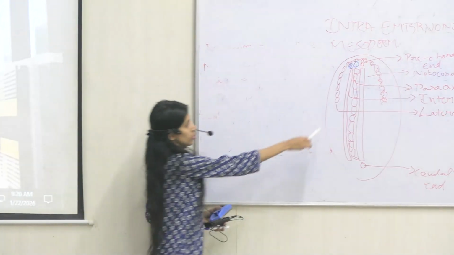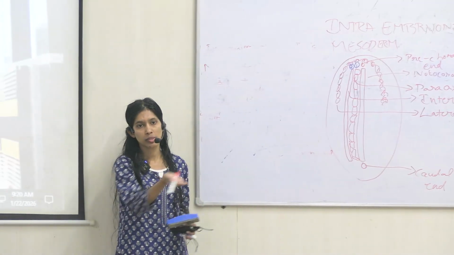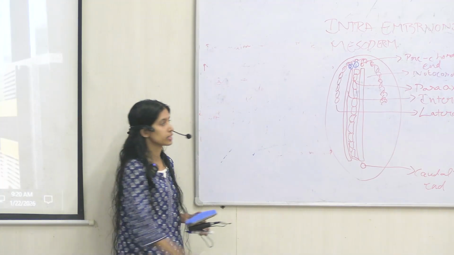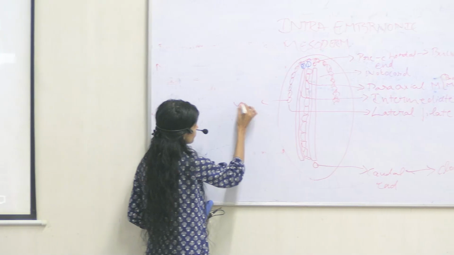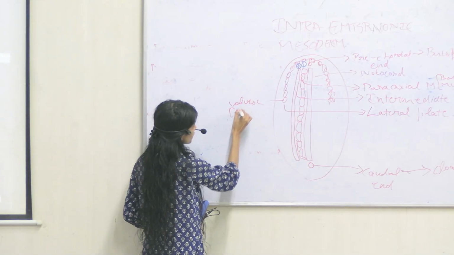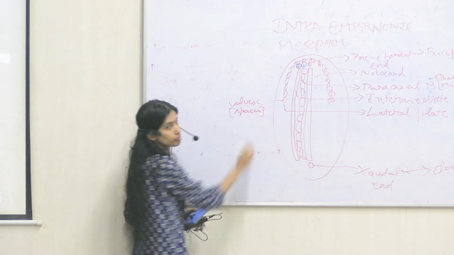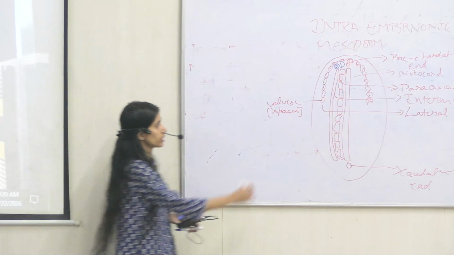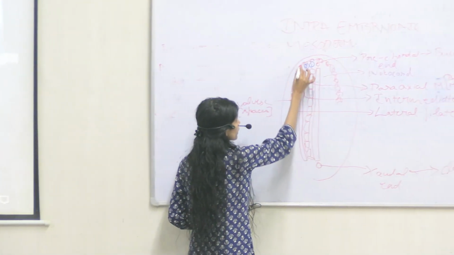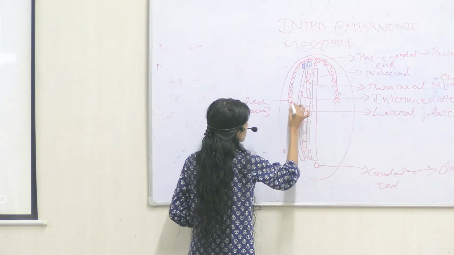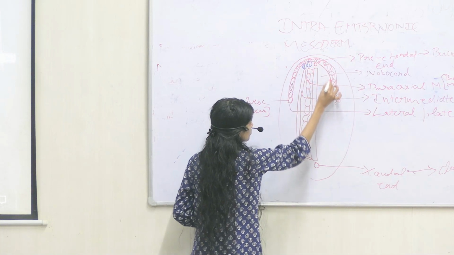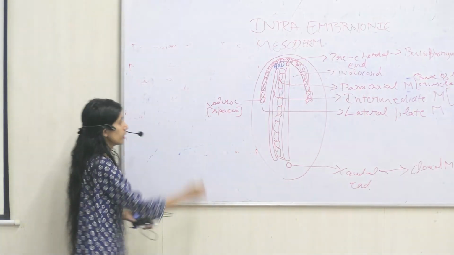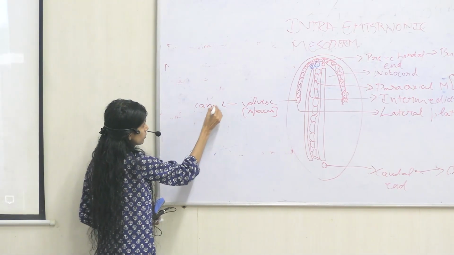In the lateral plate mesoderm, especially in the upper half part, we can see the presence of vacuoles. And these vacuoles are nothing but spaces. These spaces will join together and form a canal like this.